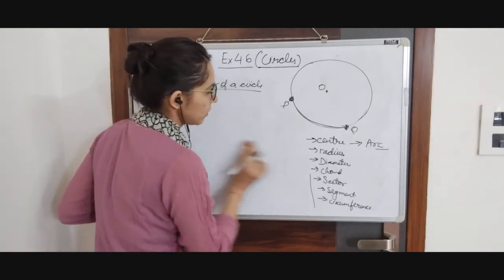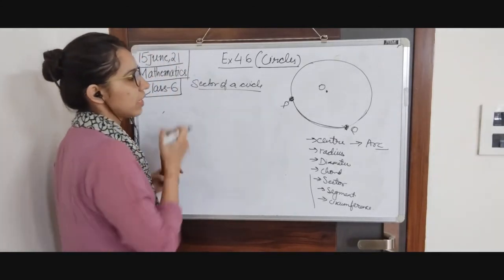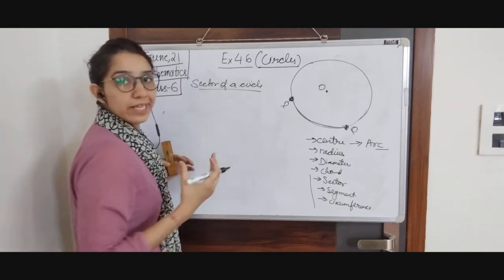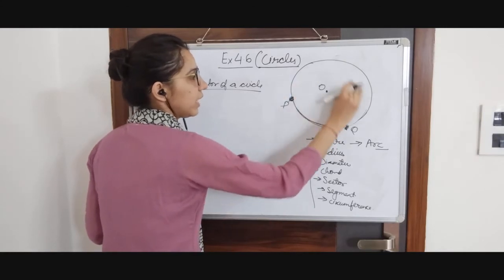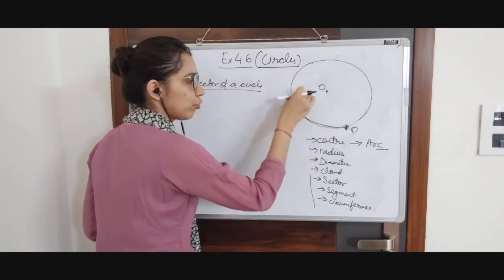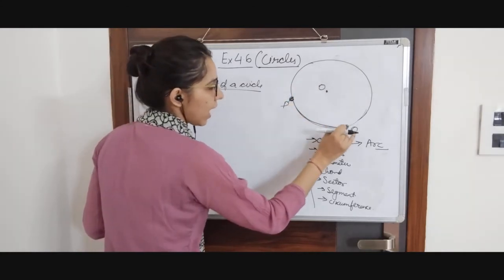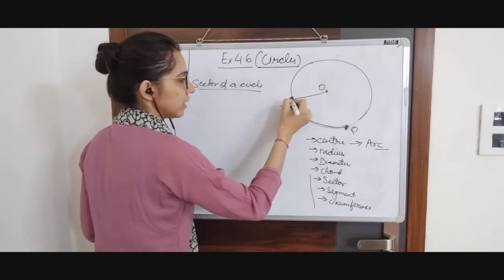Now we are going to talk about sector. Sector of a circle is the interior of the circle. Interior means we are talking about this space.